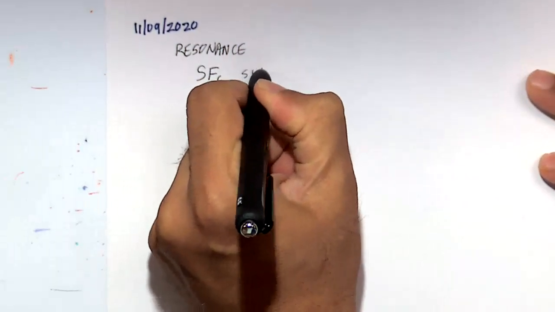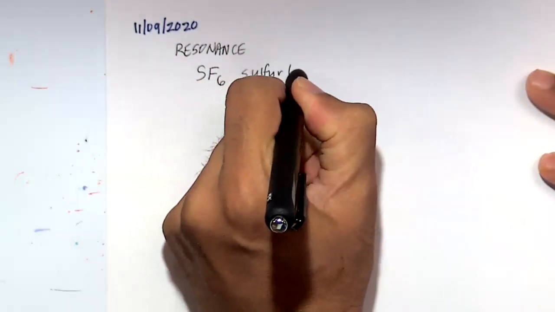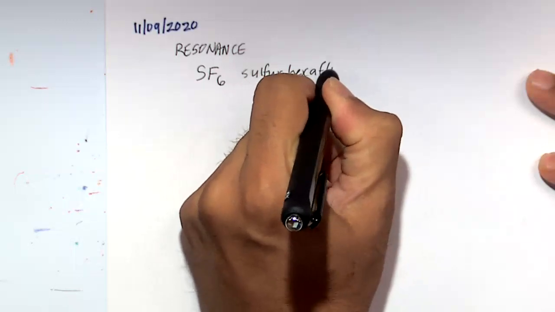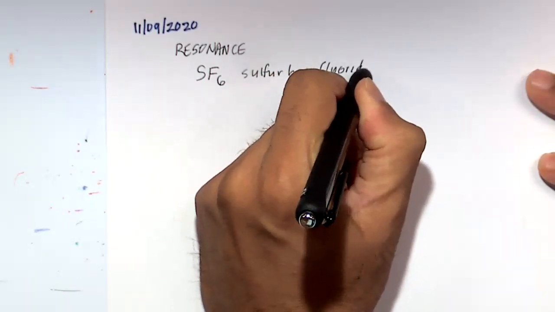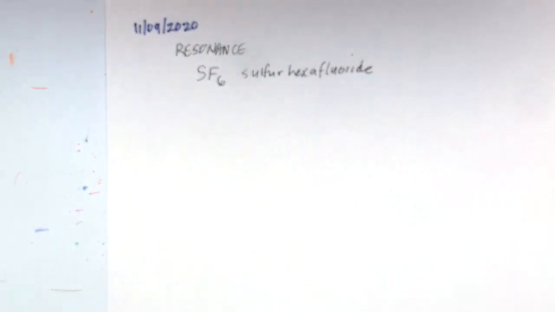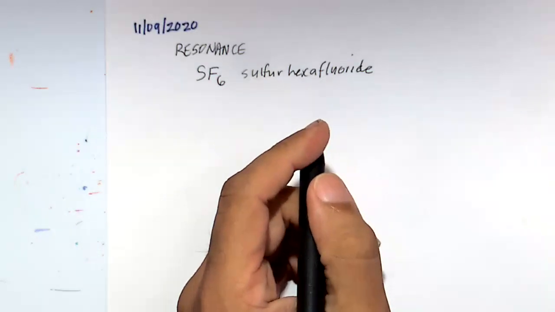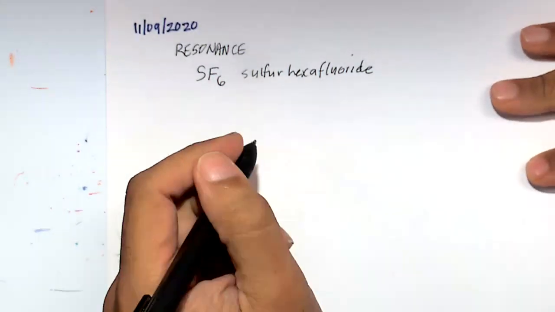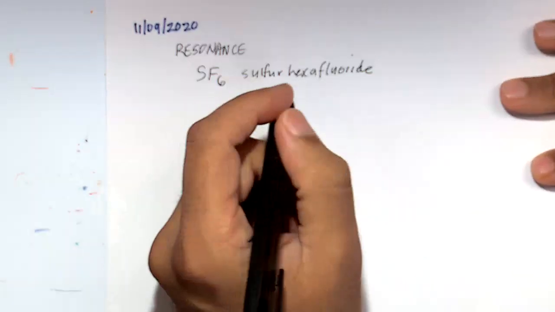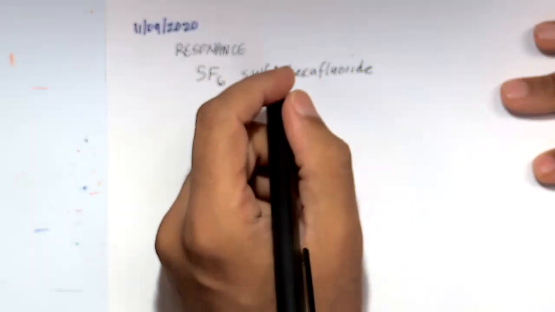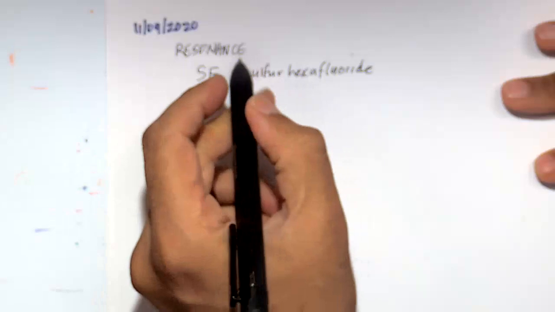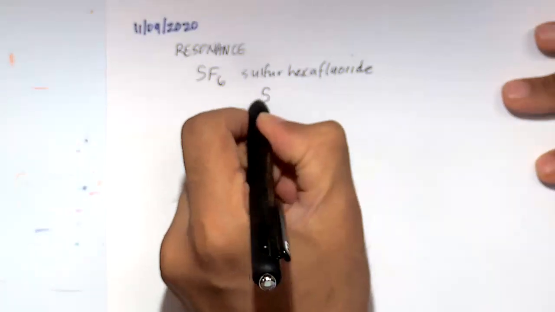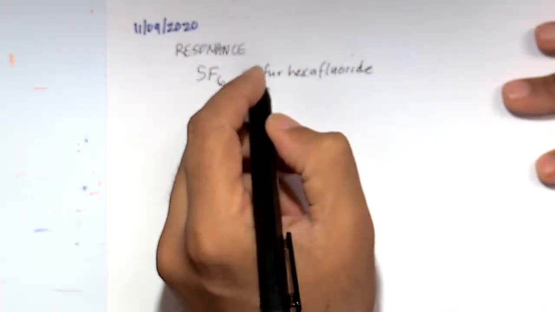This molecule is called sulfur hexafluoride. If you have not seen Friday's lecture, this may seem somewhat foreign to you, so definitely watch last Friday's lecture to get a review. Anyways, we're going to draw the Lewis structure of sulfur hexafluoride. First thing is we're going to determine our valence count.